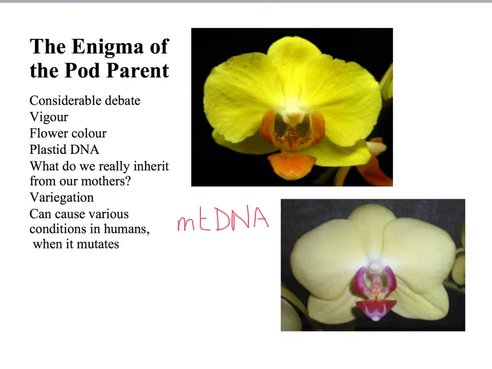So why do mitochondria and chloroplasts have separate sets of DNA? It's because they're members of a group of organelles known as the plastids. And plastids are thought to have evolved from symbiotic eukaryotes that formed a relationship with a much larger organism, and in the case of chloroplasts they produced energy, or they produced glucose, and in the example of mitochondria they produced energy in the form of ATP.